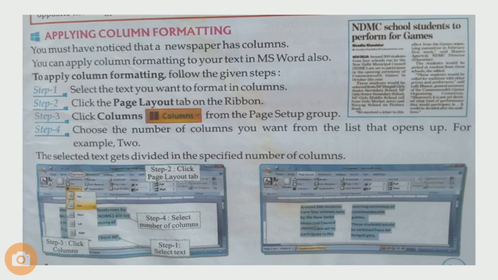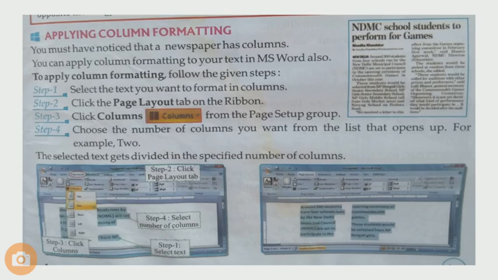Select the text you want to format in columns. Click the Page Layout tab on the ribbon. Click Columns from the Page Setup group. Choose the number of columns you want from the list that opens up, for example 2. The selected text gets divided into the specified number of columns.